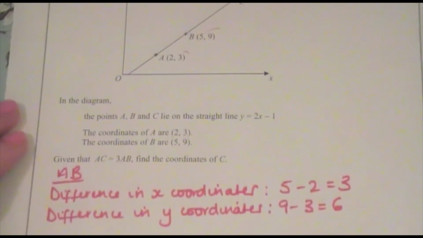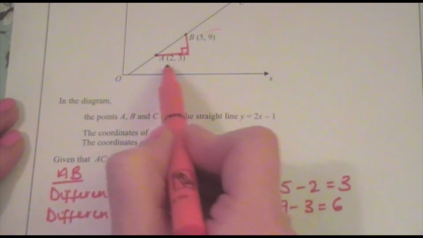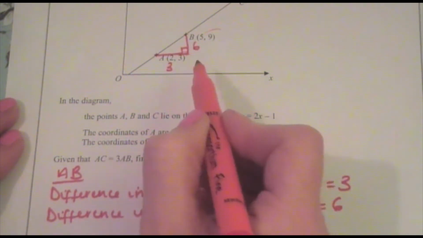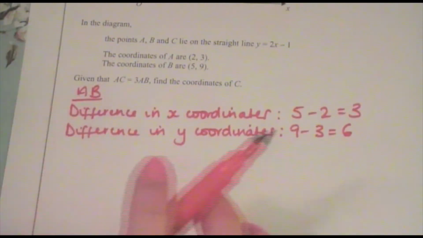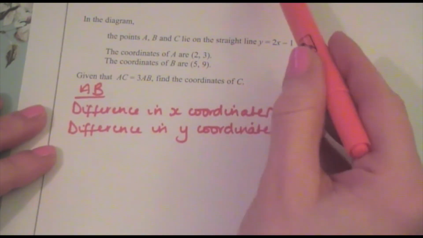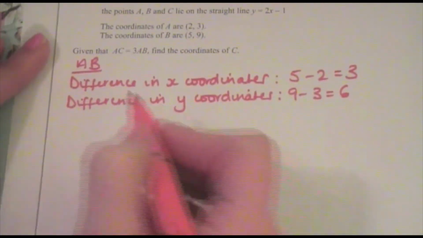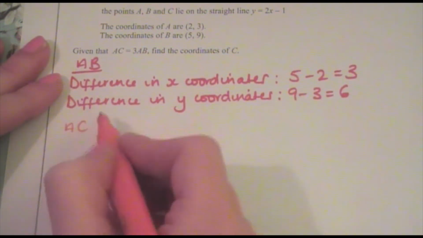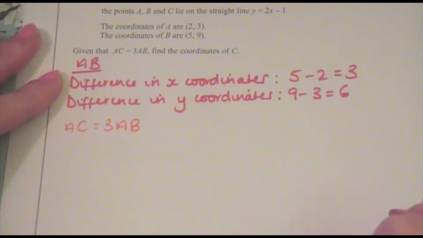This effectively tells me that if I drew a little triangle here, a right angle triangle, this distance would be 3 and this distance would be 6. So I'd have a base of 3, a height of 6. Alright, I now need to try and work out the difference in the x and y coordinates from going from A to C. Okay, so I'm now dealing with AC, and I know that anything to do with AC is 3 times whatever it is for AB.